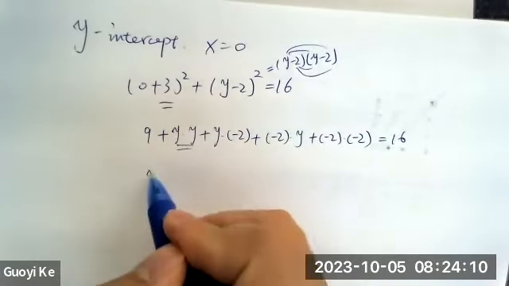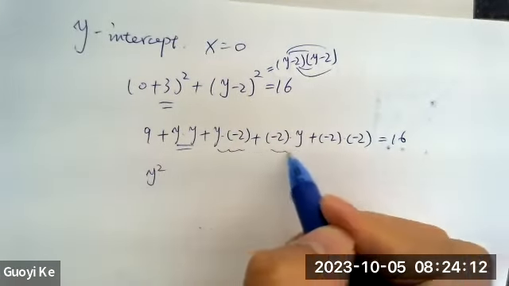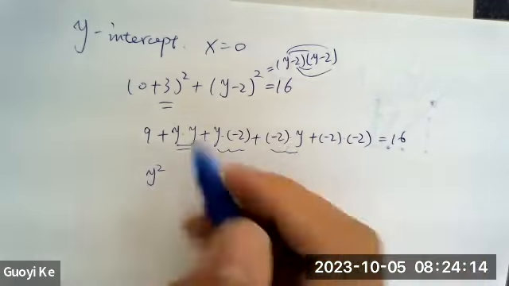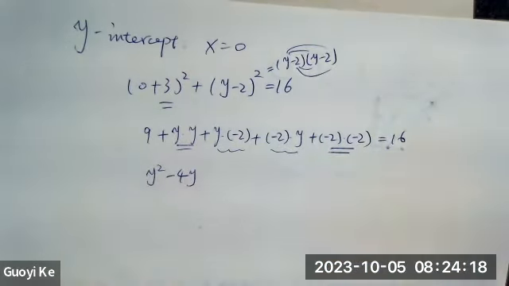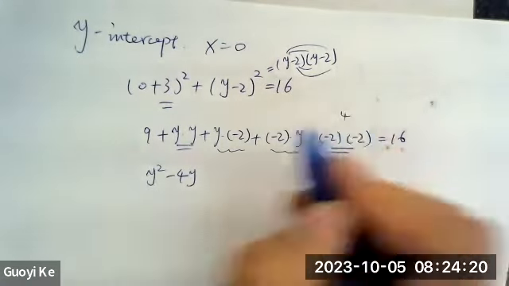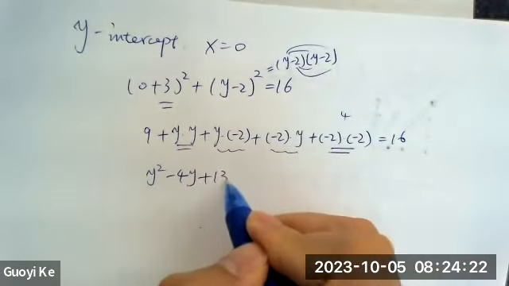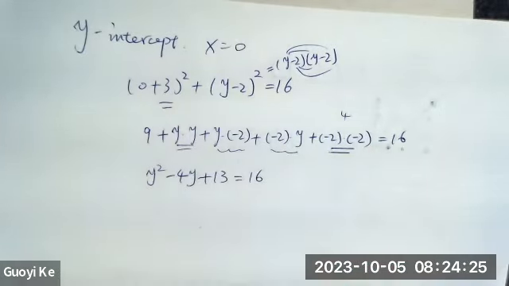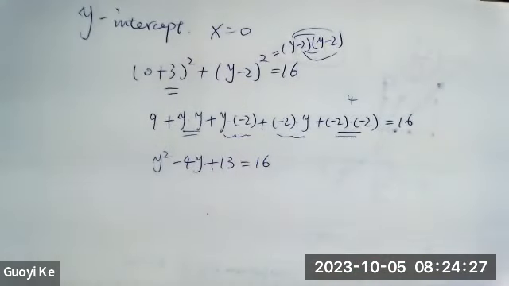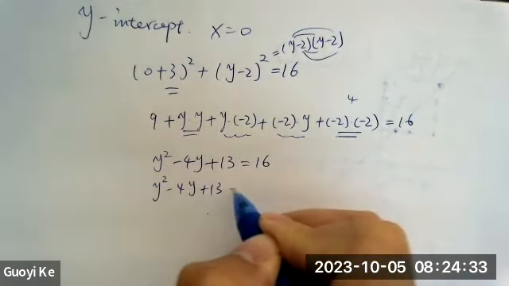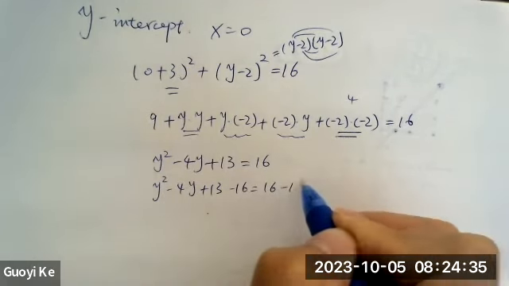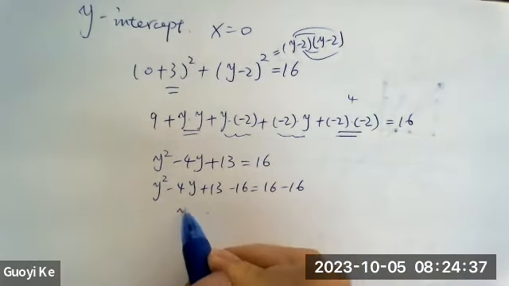So here y squared, here's -2y, -2y, -4y. -2 times -2 is 4. Right? 4 plus 9 is 13. And then subtract 16 from both sides, right? We will get.